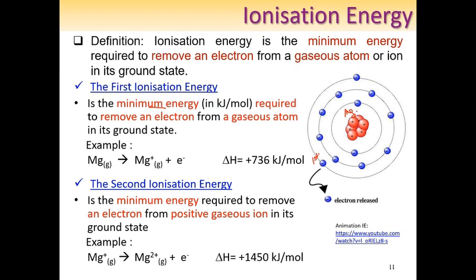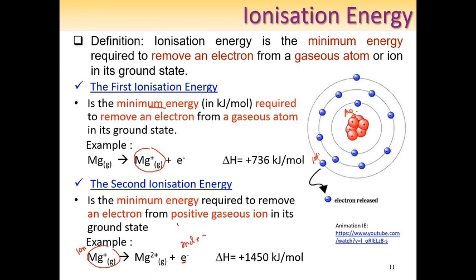This species is already formed after the first IE. After you remove the first electron, you are going to remove the second electron from the ion, not from the neutral atom. The neutral atom is only for the first IE. So this is the second electron you are going to remove. Then you will form magnesium 2 plus gas.